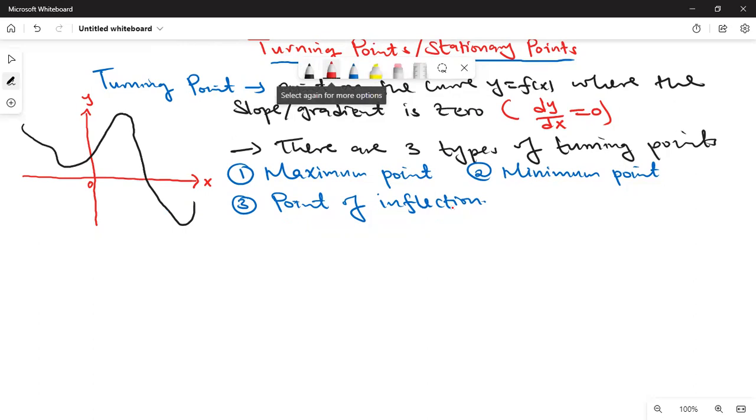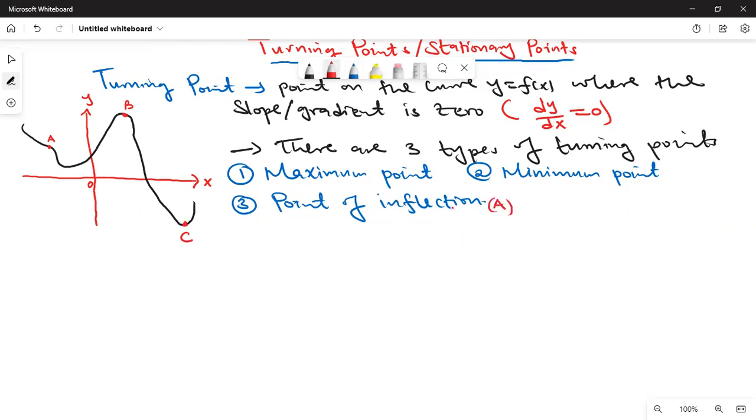At this point, call it point A. Another point where the graph turns is at point B here. And another point where it turns is at point C. So point A is called the point of inflection.